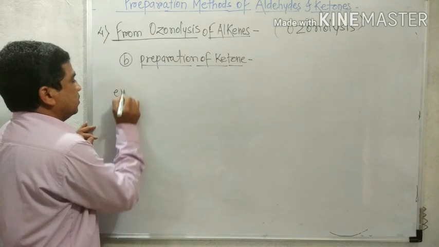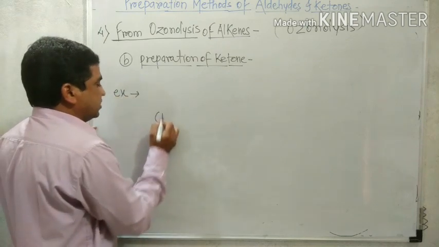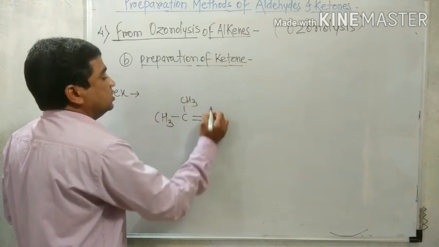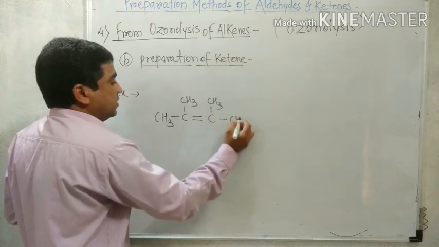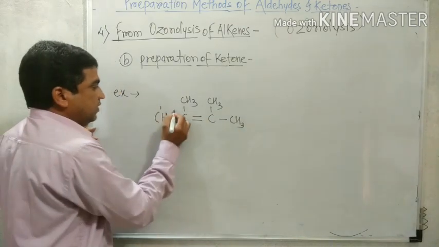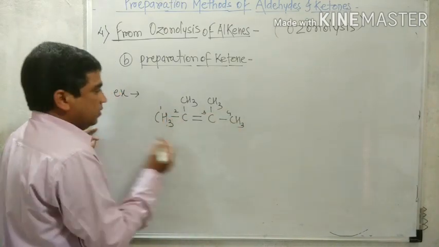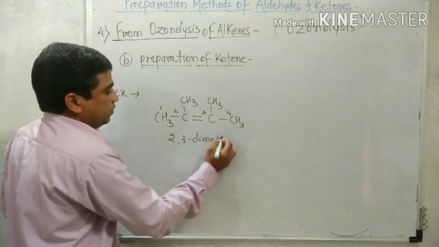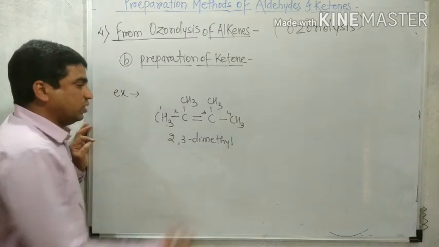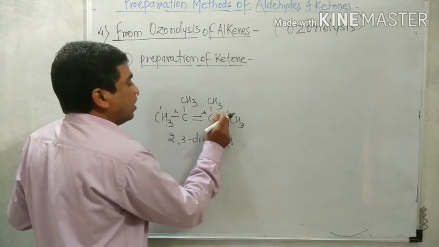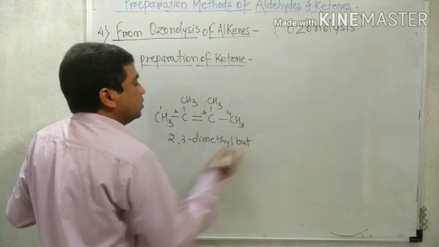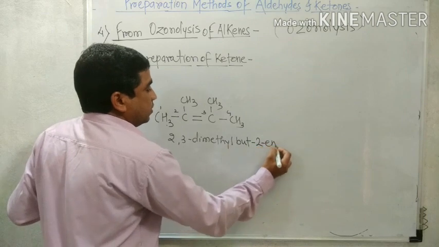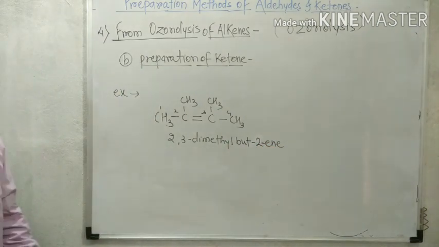For example, if you take the structure CH3C(CH3)=C(CH3)CH3, we know that this is the structure of 2,3-dimethylbutene, because the second and third carbons contain a methyl group, with 4 carbons in the structure, and the double bond is located at the second carbon. The complete name is 2,3-dimethylbutene.